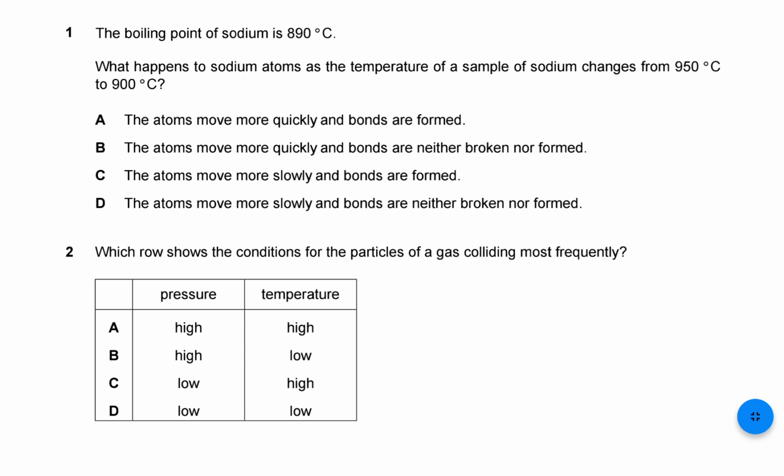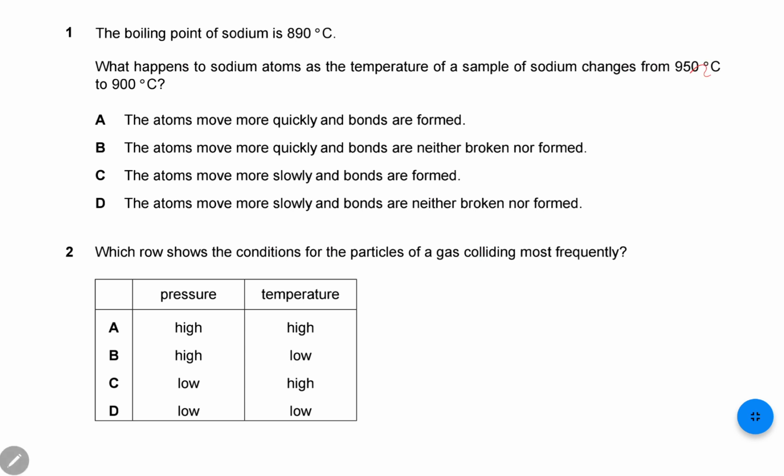So the first question says that the boiling point of sodium is 890 degrees Celsius. What happens to sodium atoms as the temperature of a sample of sodium changes from 950 degrees Celsius to 900?